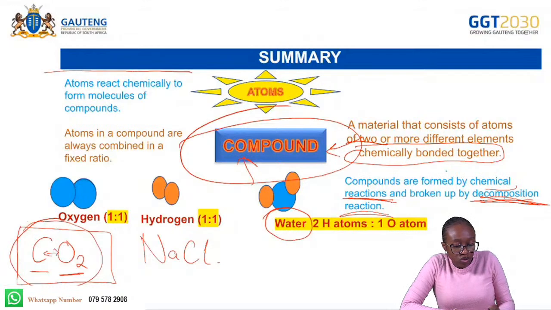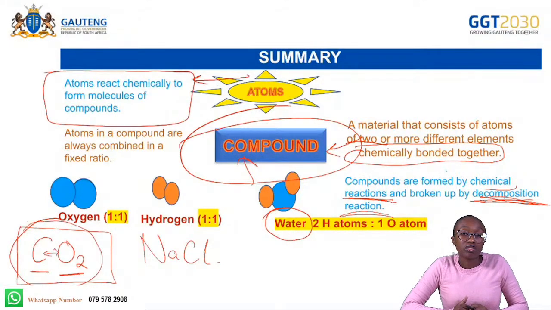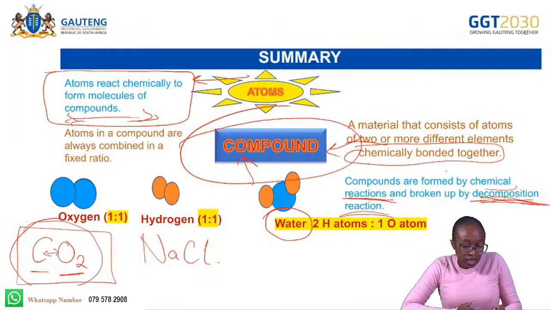Now, we've been learning about atoms, that they are the basic unit of matter, the different subatomic particles that make up atoms, and that atoms of different elements are different. Now, the atoms are capable of chemically reacting together to form molecules of compounds.